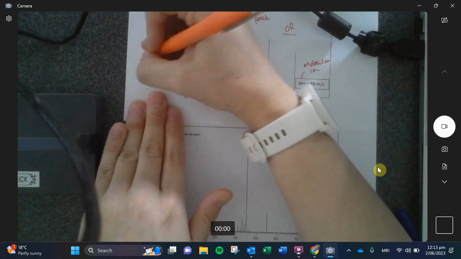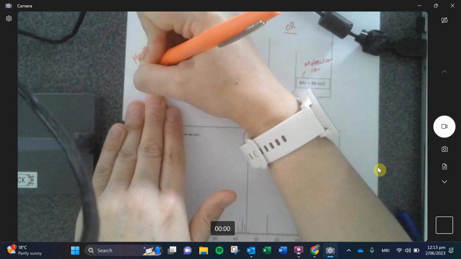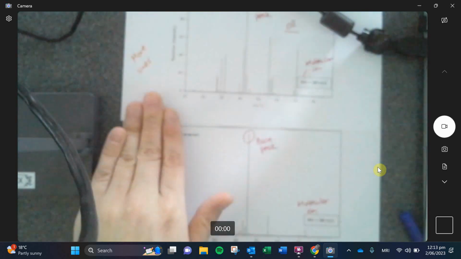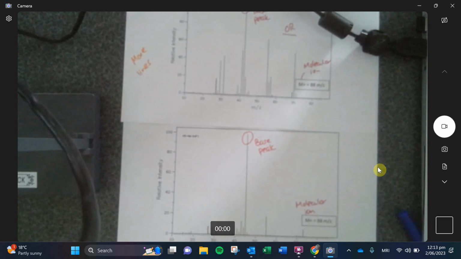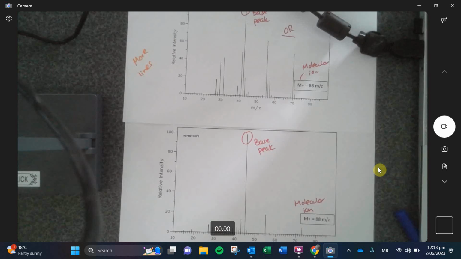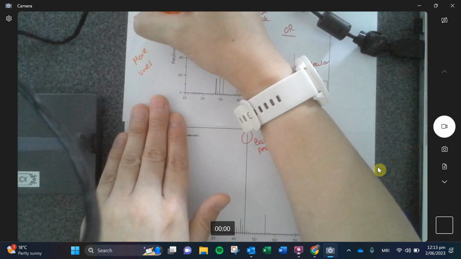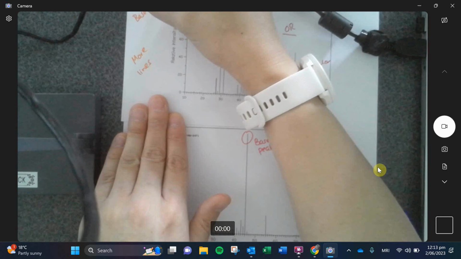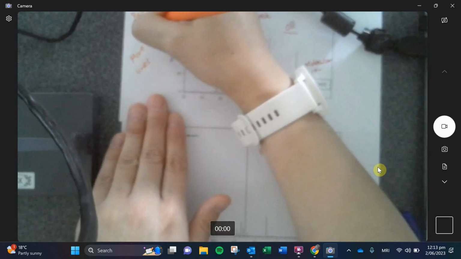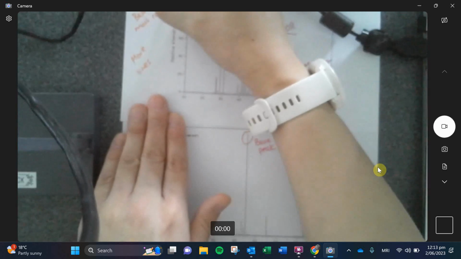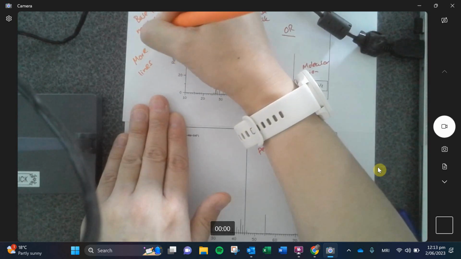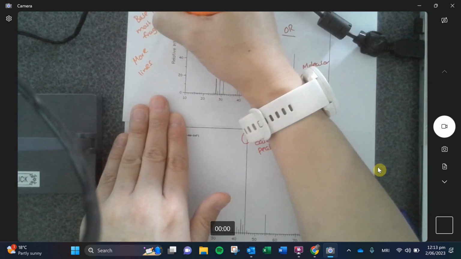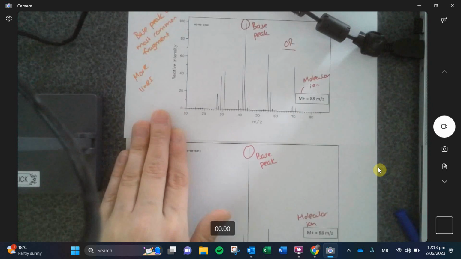It has more lines. Where is the number for some of these base peaks? Because that tells me the most common fragment. So base peak equals most common fragment, which is telling me how the molecule breaks.